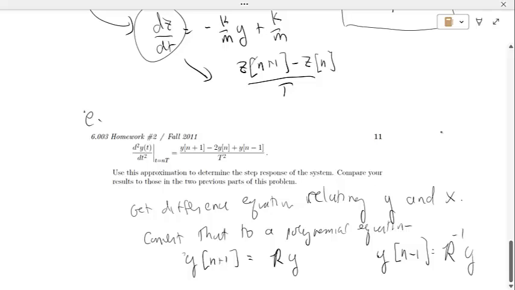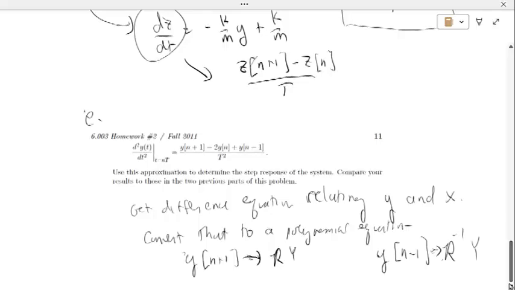Well, that's what you're actually going to replace this with: r times capital Y, and this is going to be r inverse times capital Y. Okay, so that changes your difference equation into a polynomial equation, and then you just want to go ahead and find the system response. Okay, so the system response will be the polynomial.